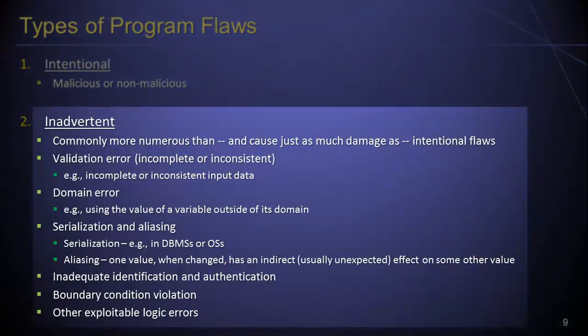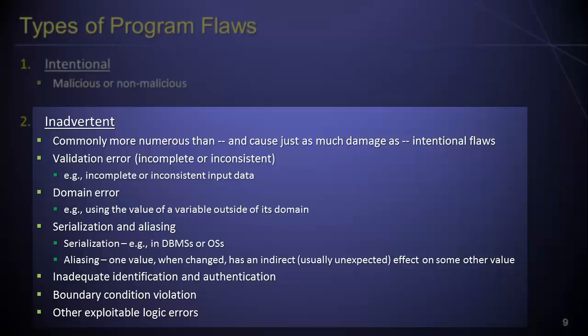Unintentional or inadvertent flaws, by contrast, are not introduced into the software program on purpose, but nevertheless exist and therefore represent a security risk. It is important to note that inadvertent flaws are not only commonly more numerous than intentional flaws, but they also commonly cause just as much damage as intentional flaws.